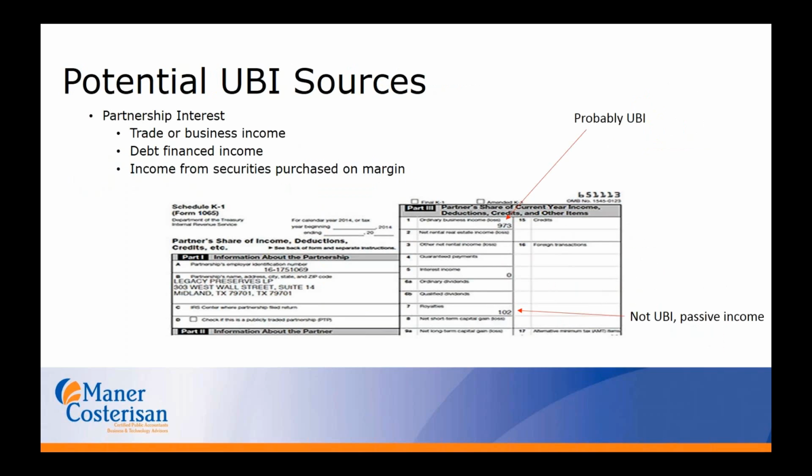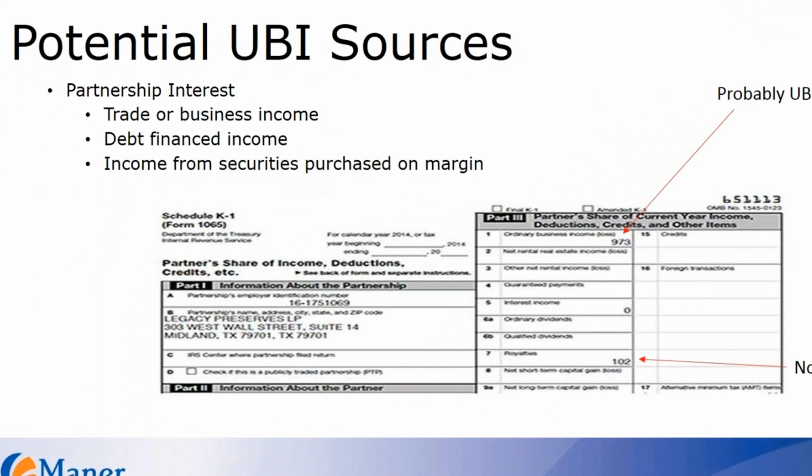We're going to talk a little bit about some potential UBI sources and things that you may run into. Sometimes we find these things out, that some of our clients have them but we don't necessarily know they have them, especially K-1s. So it's always important to let us know if you have these types of K-1s or transactions coming through, so that we can make sure we're reporting them correctly.